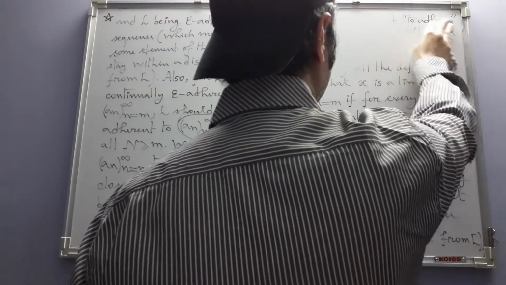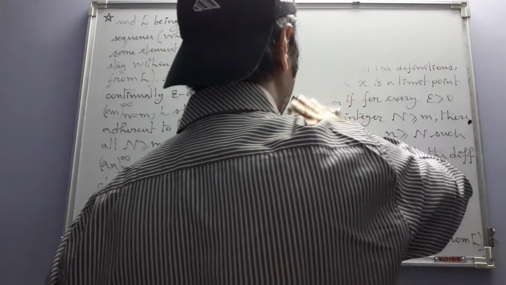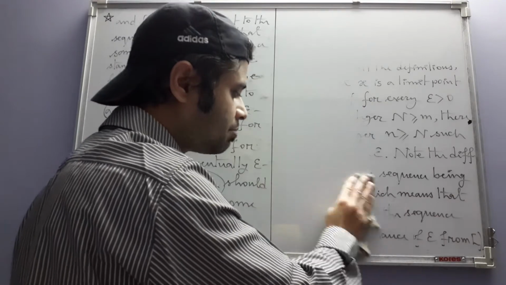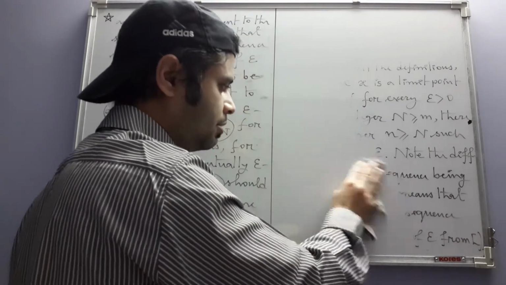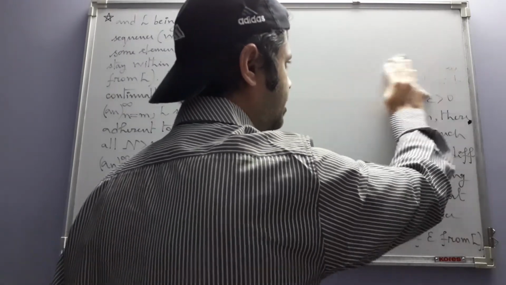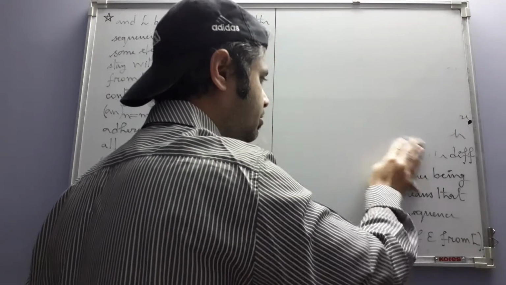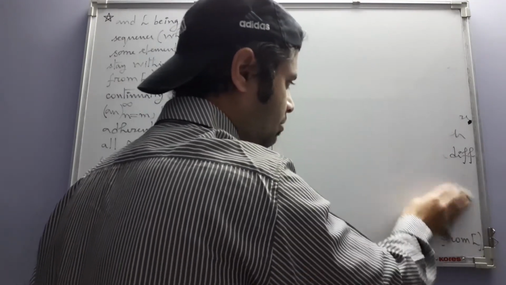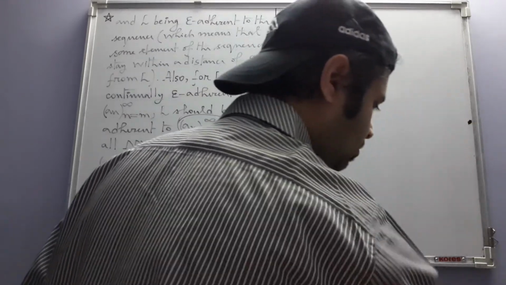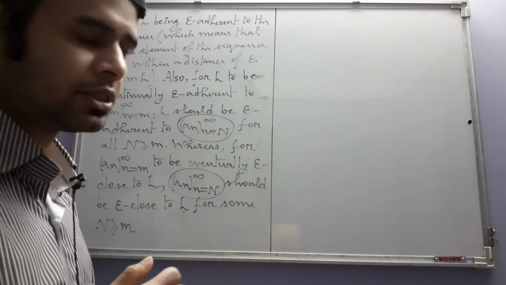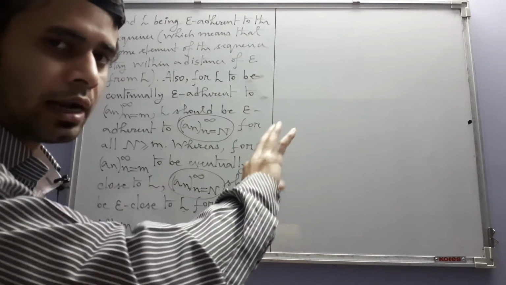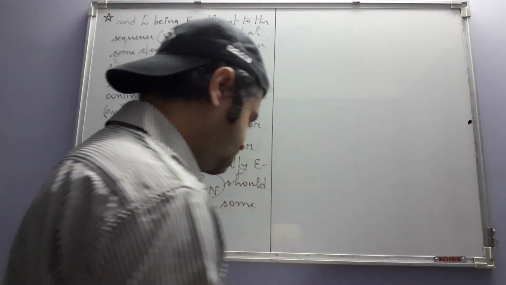Once you, I should not say memorize, but once you understand the definition of a limit point of a sequence or an adherent point, you don't need to think of these parts, that is epsilon adherent to the sequence or continually epsilon adherent. You can think of the notion of limit point just like the notion of limit of a convergent sequence at once. What we showed there was unwrapping all the parts of the definition.